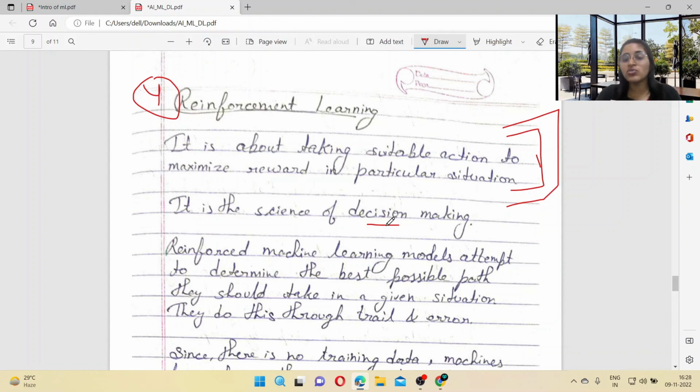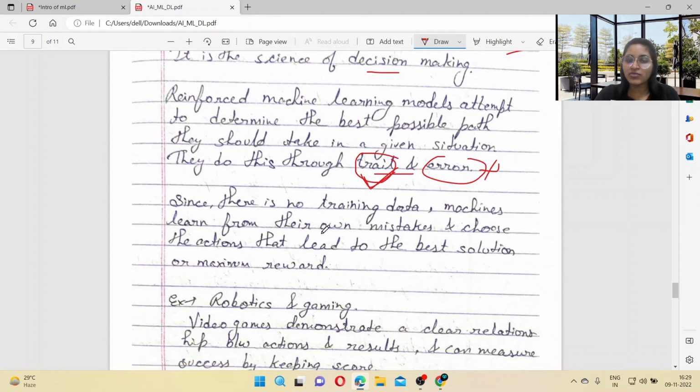If it is not good, then you change your decision. So you learn from the environment, on a reward or penalty basis. They do this through trial and error. You take a decision and try it. If it is good, go with it. If it is not good, change your decision. So this is reinforcement learning.